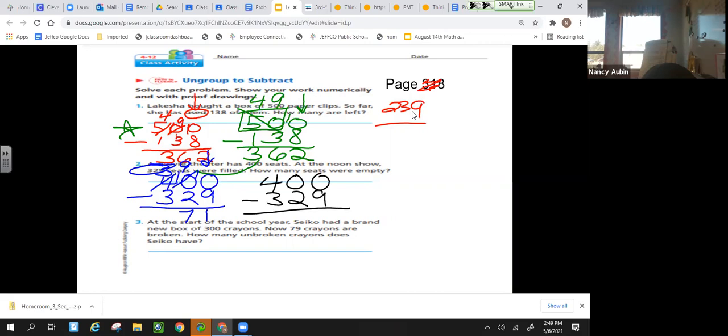Can I do 0 minus 9? So what do I do? Because there's a 0 and a 10. Draw what? Yeah, make a box around the 40.